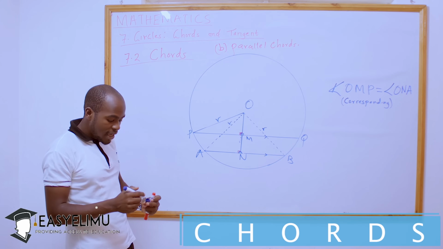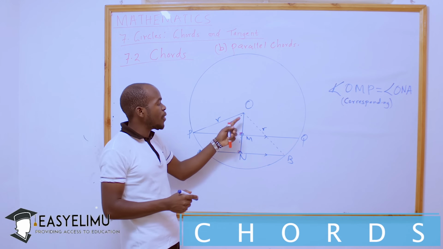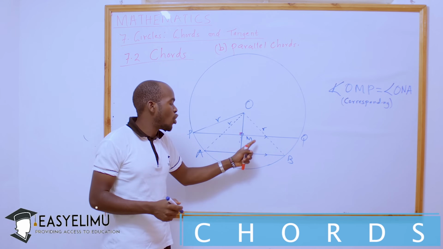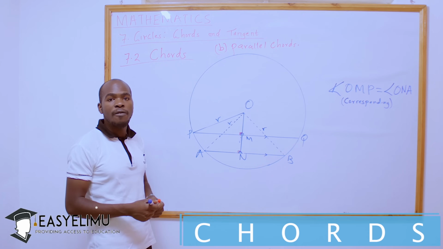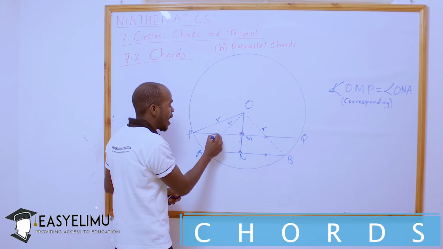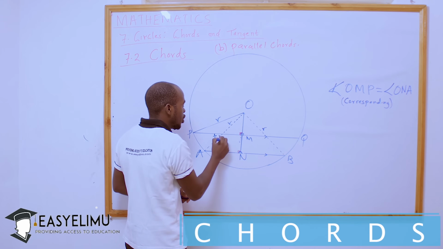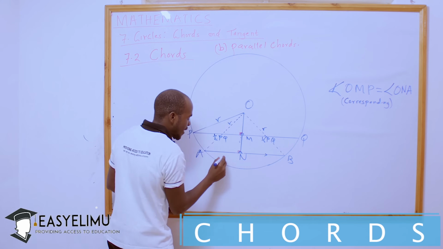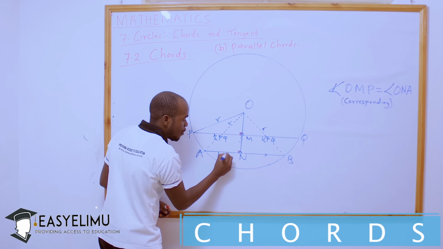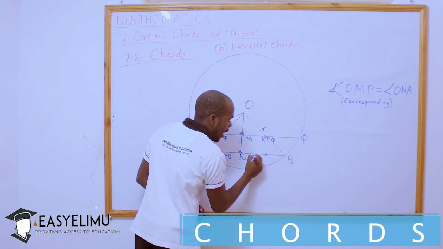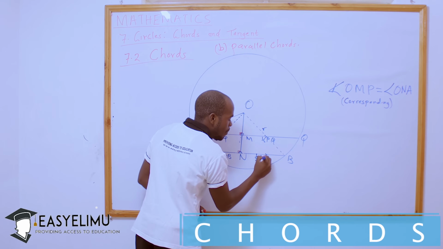From there, as you can see, if you drop any perpendicular from the center, it will bisect the two parallel chords and cut them into two equal parts: this one is a half of line PQ and this one is another half of line PQ. The same applies here: from A to N is a half of line AB, and N to B is the other half of line AB.